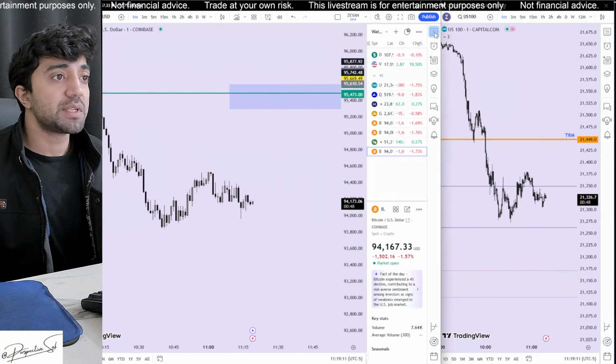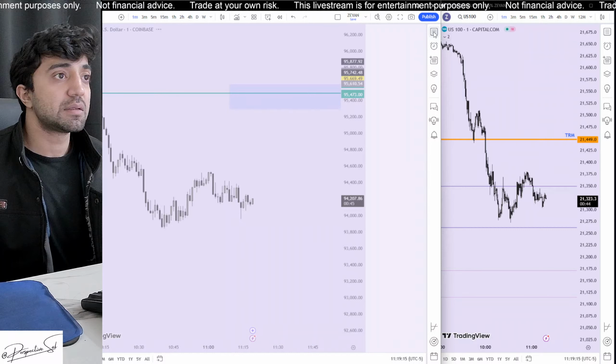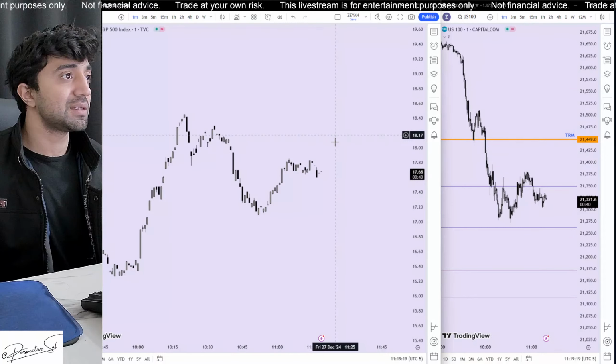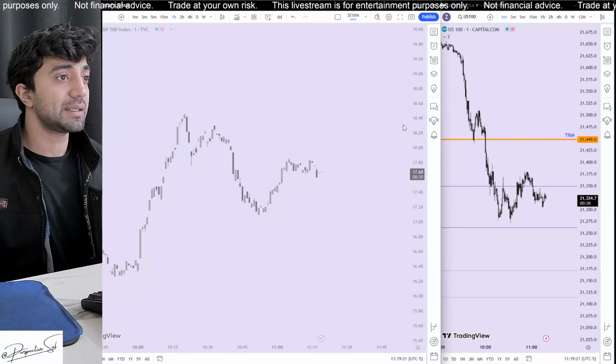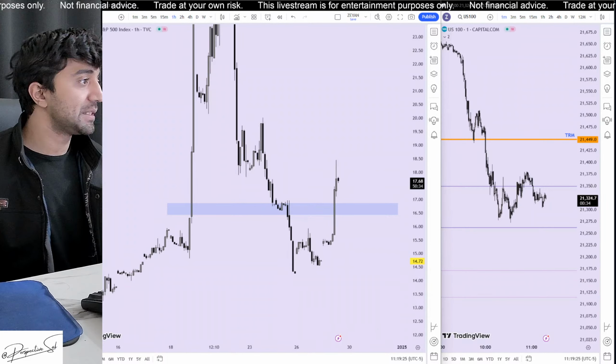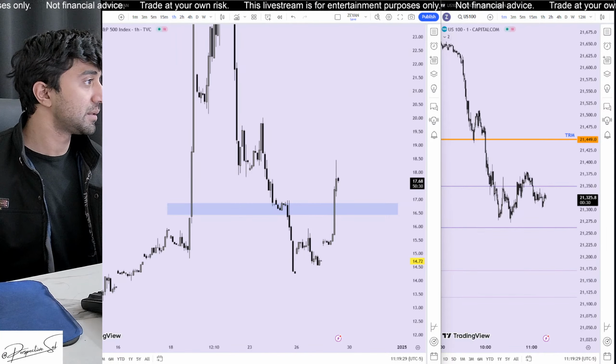One thing which is really interesting, look at the volatility index. I'm going to explain what I really think about it.